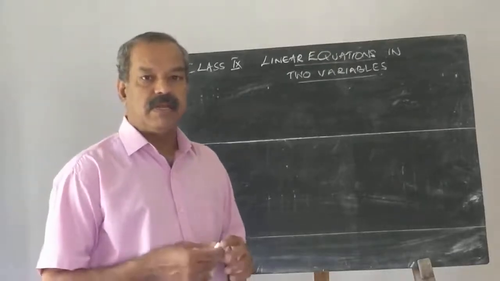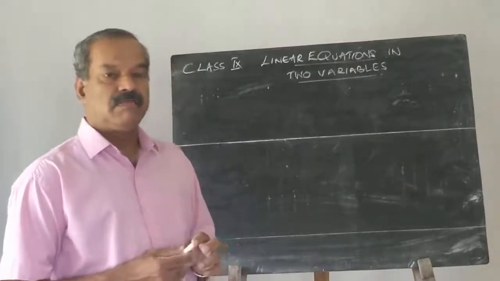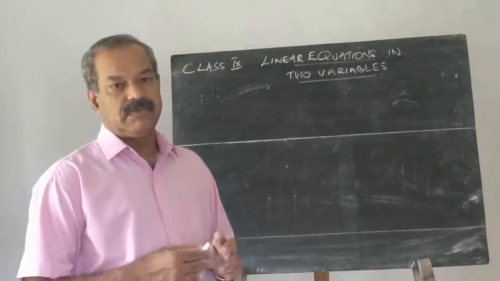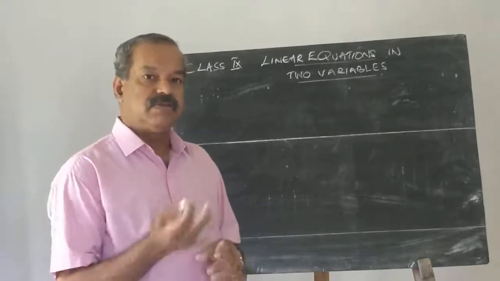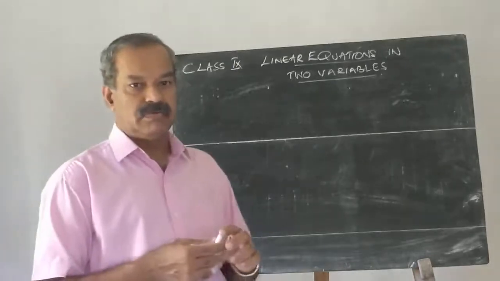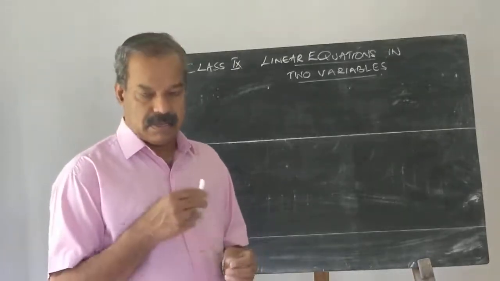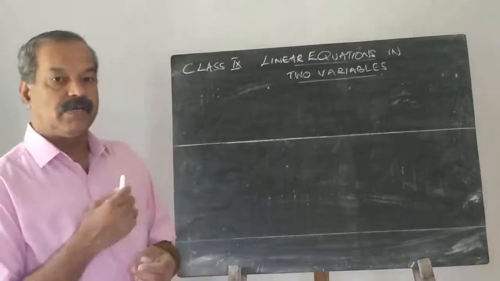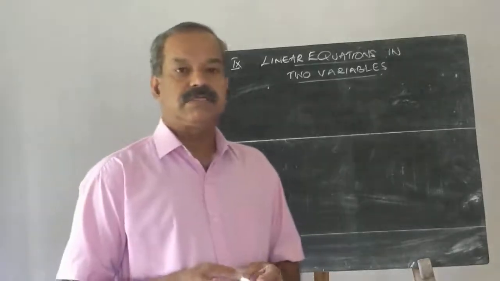How can we frame a linear equation in one variable from a given statement? We can convert a statement into a linear equation in one variable. Conversely, an equation can also be converted into a statement.